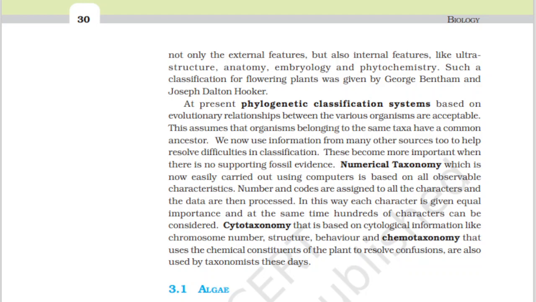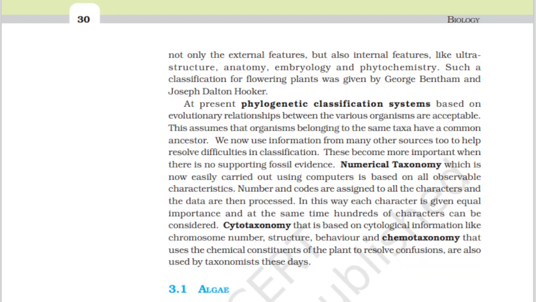In any plant, if you want to make a database of that, you'll be giving a code for each part of the plant. For example, flower, leaf, stem, roots, all this. So numbers and codes are assigned to all the characters in that particular organism, and then the data is processed.